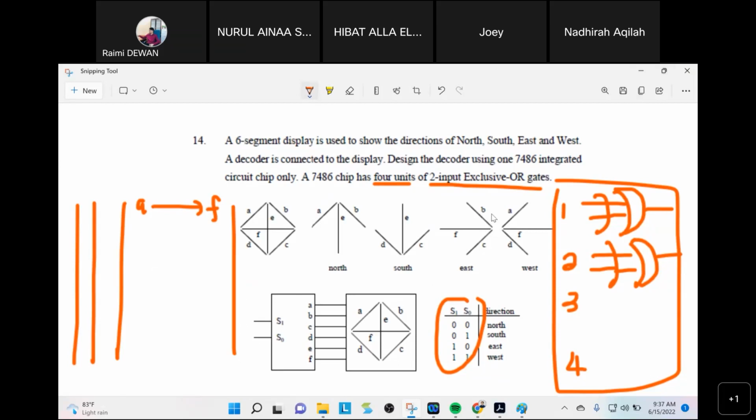Okay, so then you have, wait, number 14. Just what I expected, the answer. So you have S0, then you have S1.